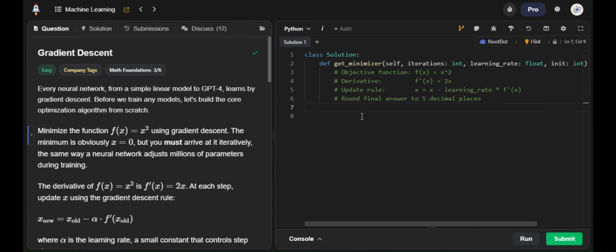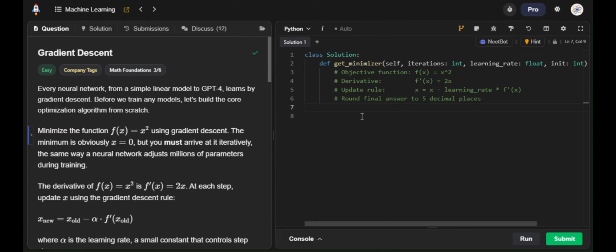As we have discussed before, our objective function is f(x) is equal to x squared, and the derivative is f'(x) is equal to 2x. The update rule that we have discussed will be x new is equal to x old minus learning rate times the derivative, and finally we have to round our final answer to 5 decimal places.